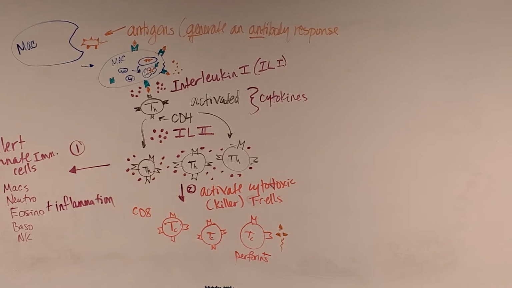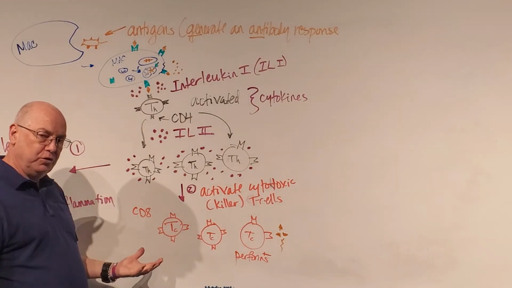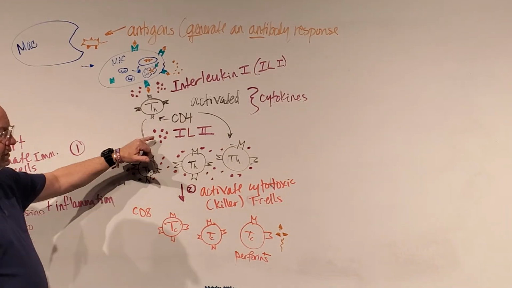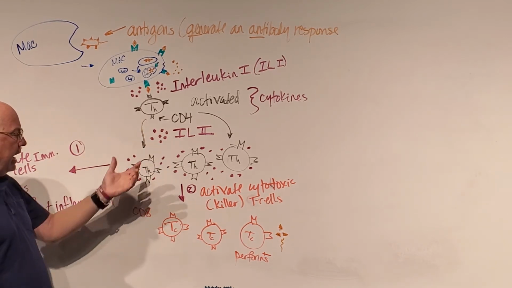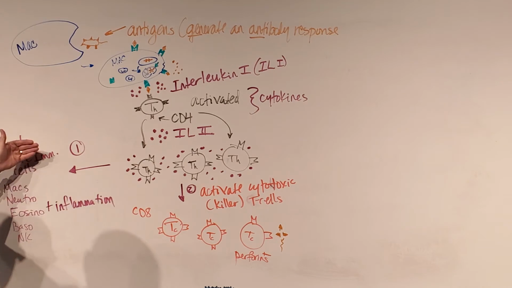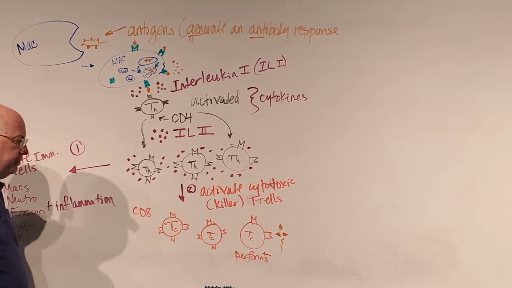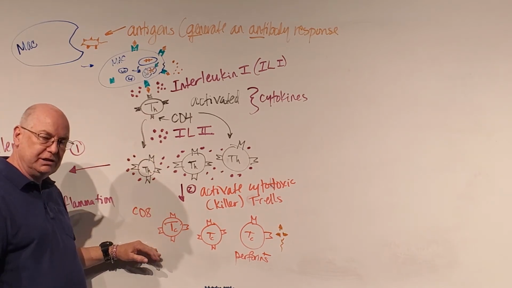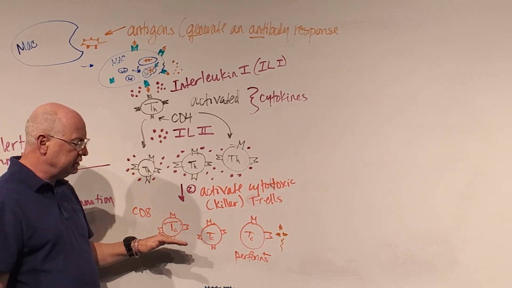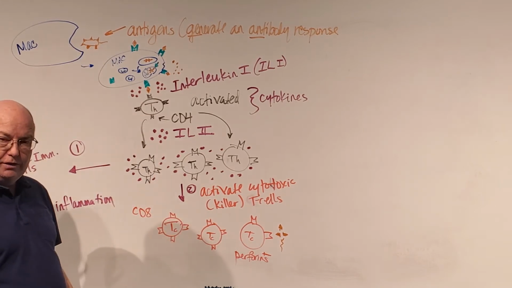So now, the T helper cells help the whole process by releasing these interleukin 2s or cytokines, and those cytokines can stimulate the innate immune system to increase inflammation and send a massive army over, but they also can stimulate the cytotoxic T cells. These cytotoxic T cells will bind to only that specific foreign invader.